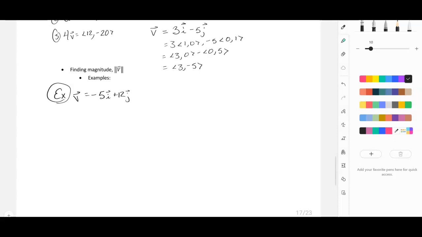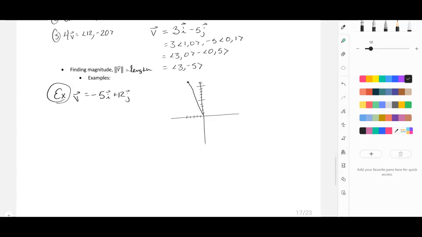Let's talk about magnitude. How do we find the magnitude? Remember, magnitude is the length. And to find the magnitude, let's say we're talking about this vector here, negative 5, 12. That's a position vector. That's going to be here.